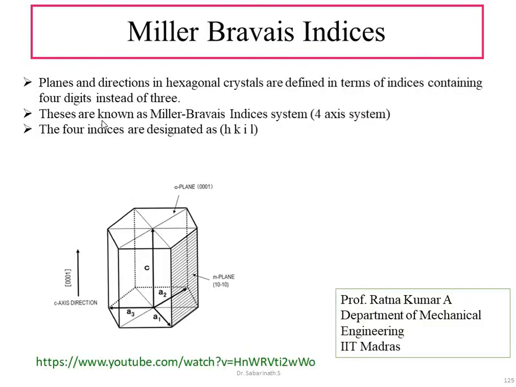But in the present class, today I will give just an outline about the hexagonal close-packed structures. It is not done as in the previous cubic structures. It is a little bit complex also.